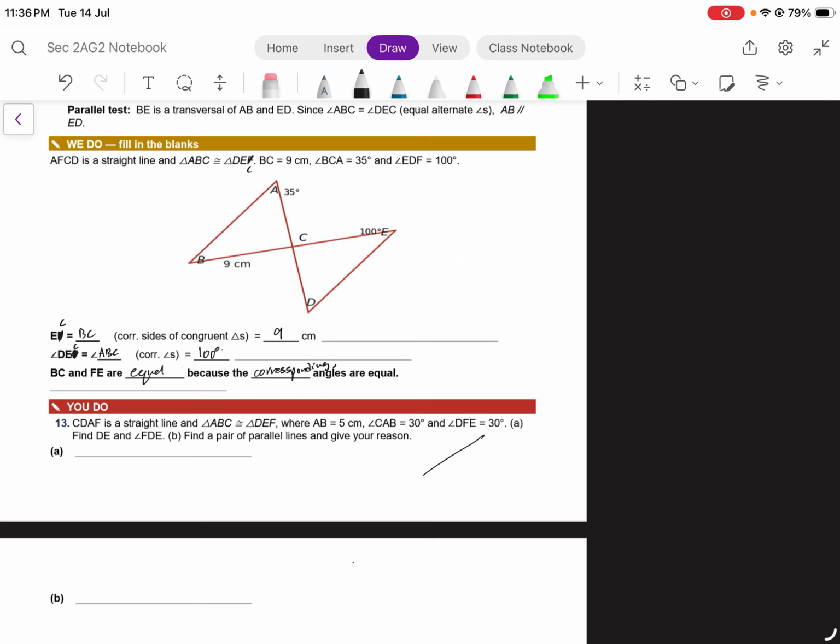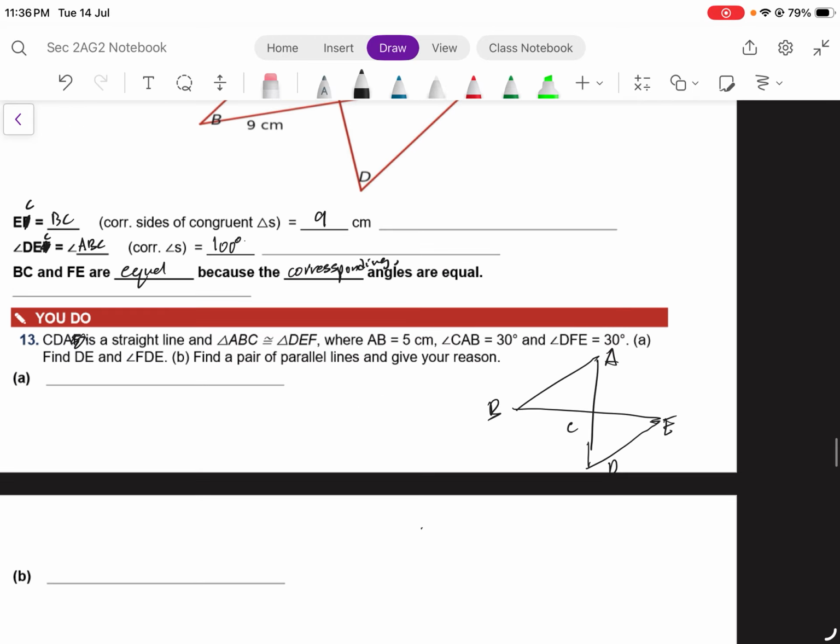So here again, I think there's a mistake. What they want is A, B, C, and this is D, E, C. No F. Where AB is 5 cm, CAB is 30 degrees.